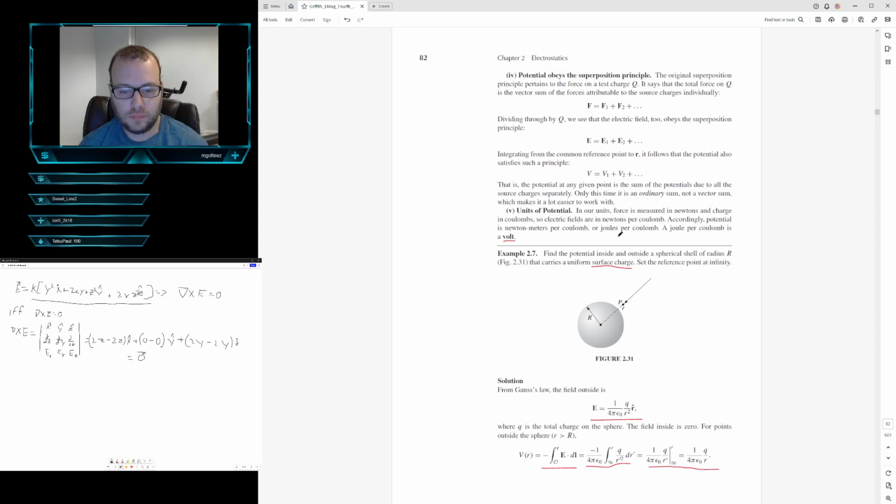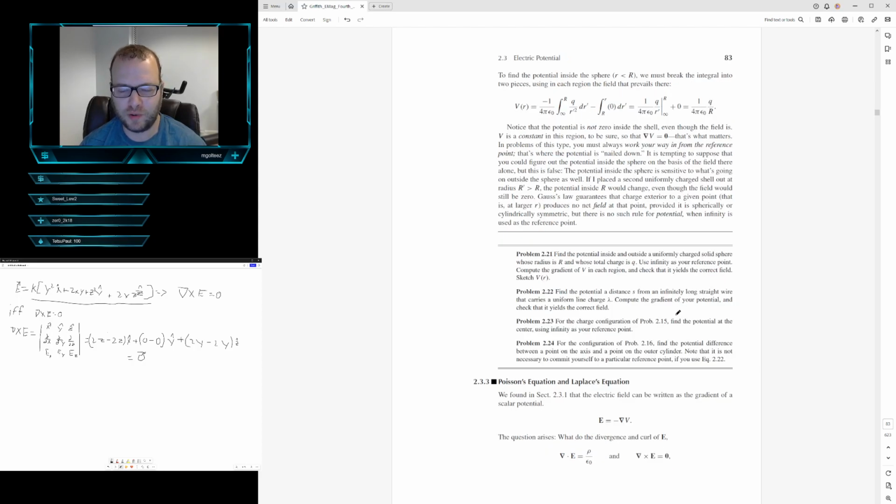Setting the reference point to infinity, you're going from the origin to the shell, and from the shell to the inside point. I was wondering why they had to do two integrations.